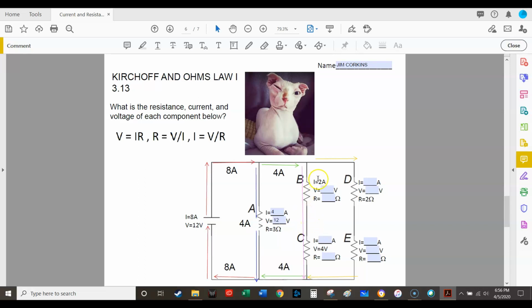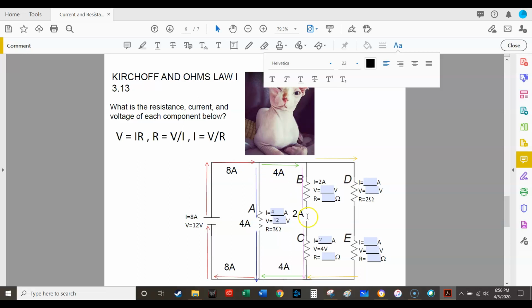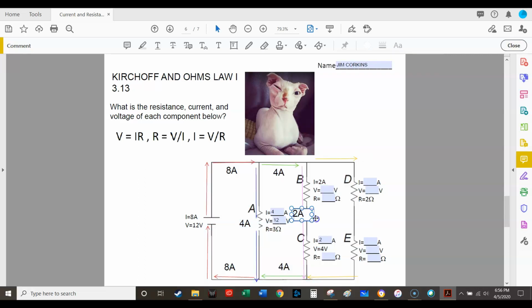So we know B is 2 amps. That means C has to be 2 amps. What that means is that pink is 2 amps. Okay? So pink is 2 amps. Right?